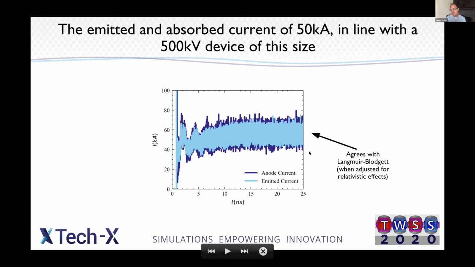If you look at the Langmuir-Blodgett equation, remember Blodgett corrected the 1D parallel plate to be coaxial, and correct it a little bit for relativistic effects, she did the non-relativistic case, yeah, you do get about 50 kiloamps of current as the answer. So this is all good.